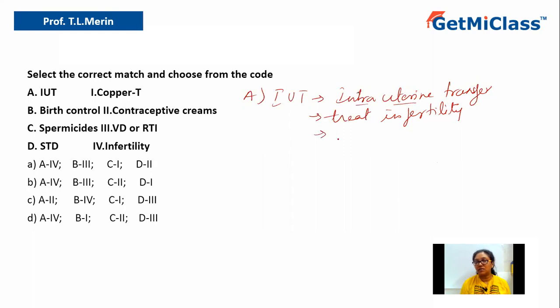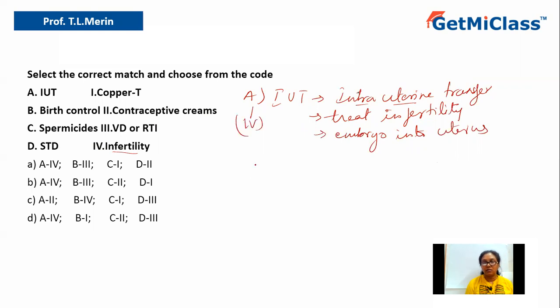So they actually transfer the embryo, that is the in vitro formed embryo, into the uterus of the female, so as to help them if they are undergoing any infertility issue, where fertilization cannot occur or embryo formation cannot occur, then the in vitro formed embryo will be transferred within the uterus. So this is treated for infertility. So A will match up with infertility. That is nothing but A will match up with 4.